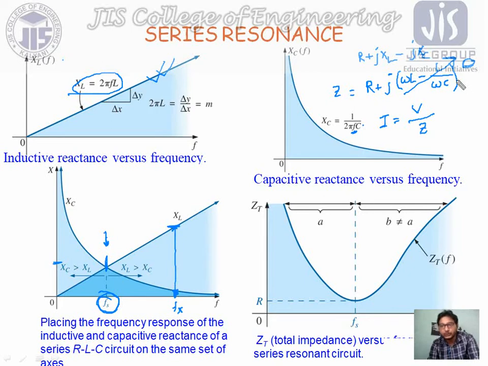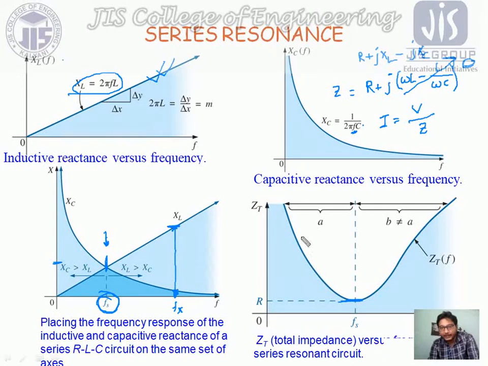So we can conclude that in case of series resonance, at the resonance frequency the impedance is minimum, and away from resonance the impedance is more, right? If we draw the graph, we get these types of characteristics, and this is the minimum point, the value of the resistance.